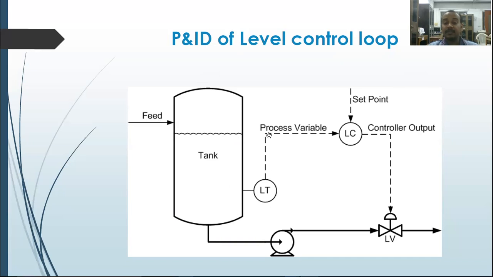From this level transmitter, an electrical signal goes to the level controller. In the level controller, the operator can give the set point value. After that, it is validated over here, an error signal is generated, and from the error signal the respective control action is generated. The controller output again goes to the final control element. If it is a pneumatic one, then the signal again needs to be given as a pneumatic signal, not an electrical one.